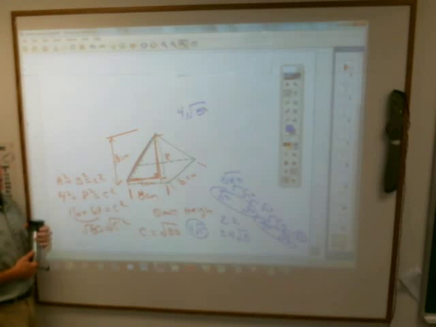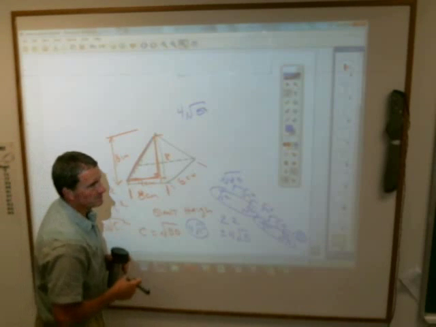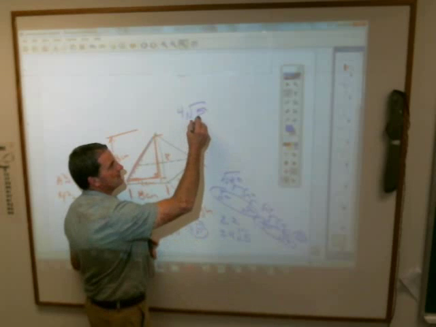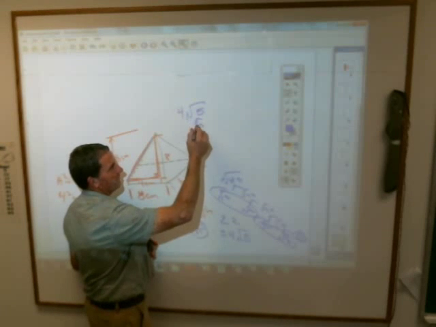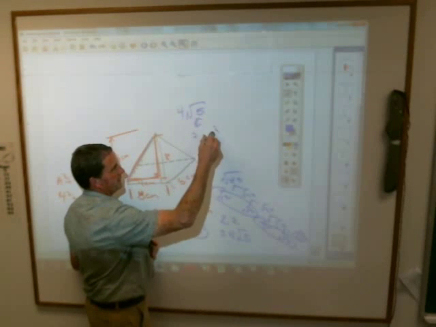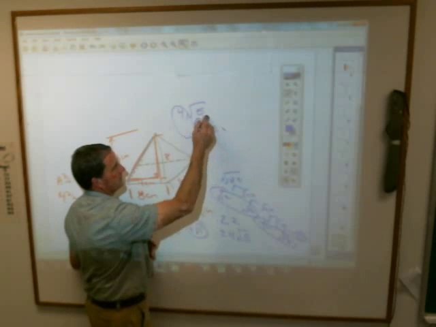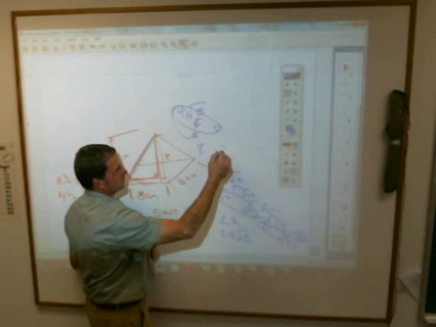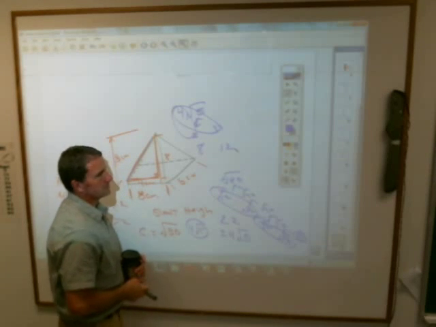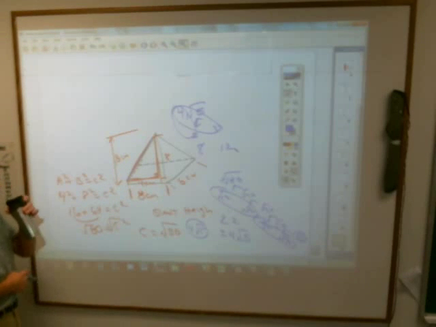Why does it have to be between 8 and 9, Brooke? Square root of 5 has to be between 2 and 3, does it not? So your choices are 2 times 4, which is 8, and 3 times 4, which is 12, actually. I don't know if it would be 8 and 9. Can't be 8 and 9, can it? Could it be bigger than 9?